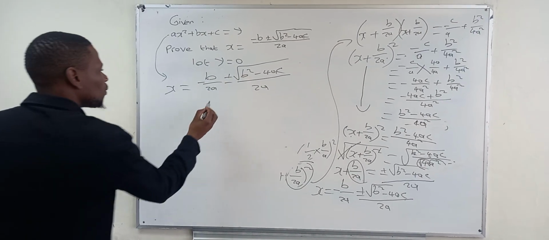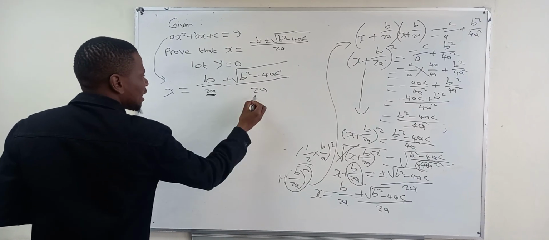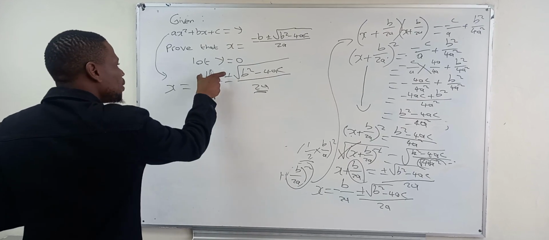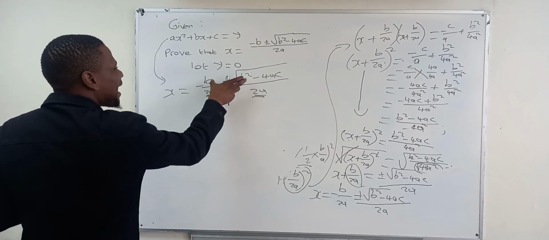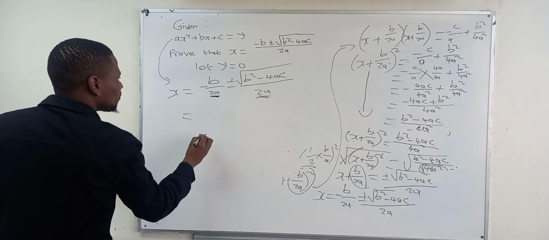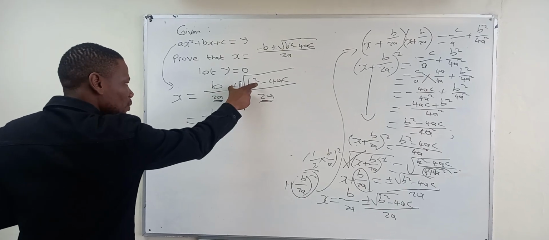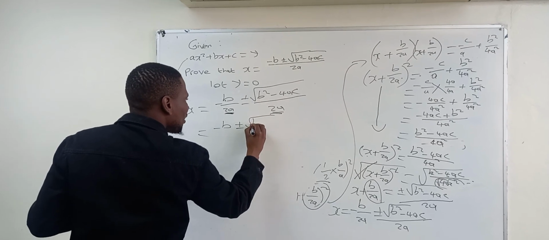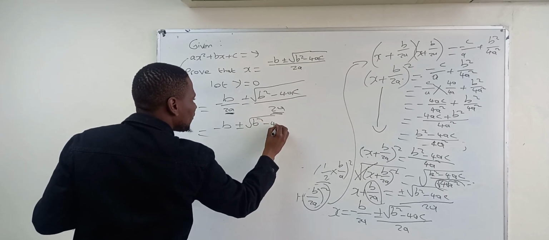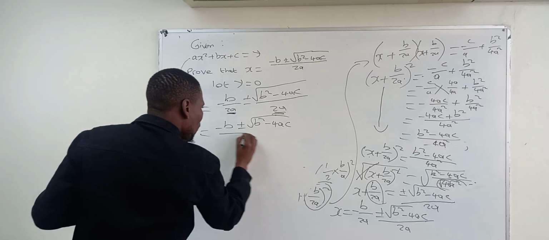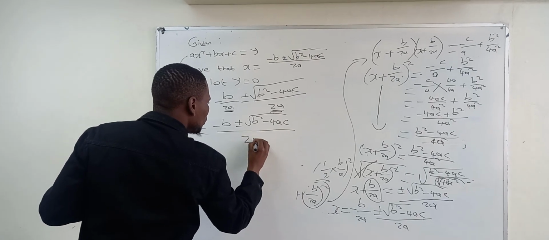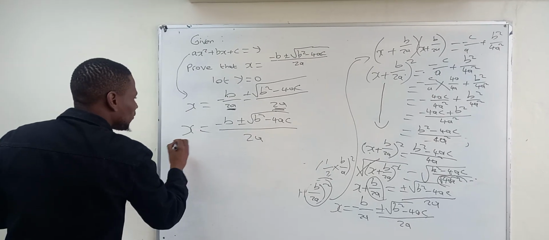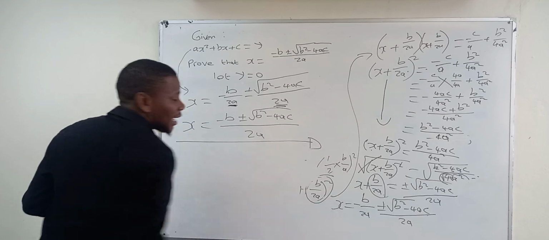So the denominators are the same. So what do we do? We add the numerators. So we have minus b, we add it with this numerator, which is plus or minus the square root of b squared minus 4ac, over 2a. So this is the value of what? This is the value of x.